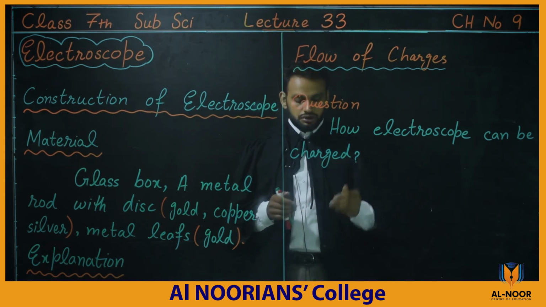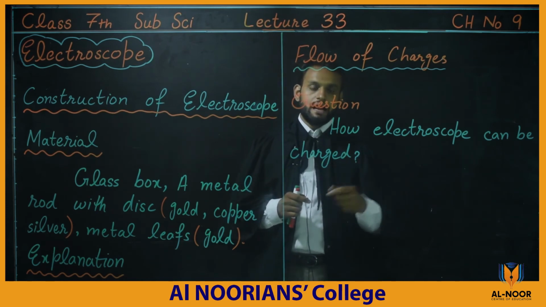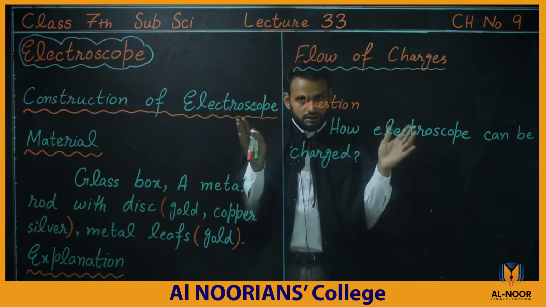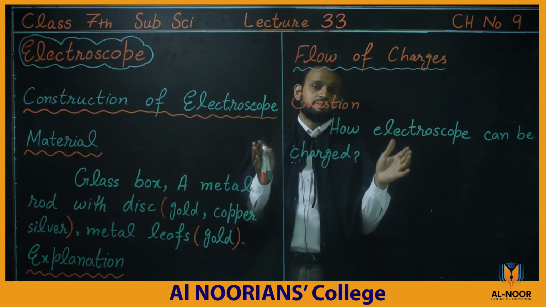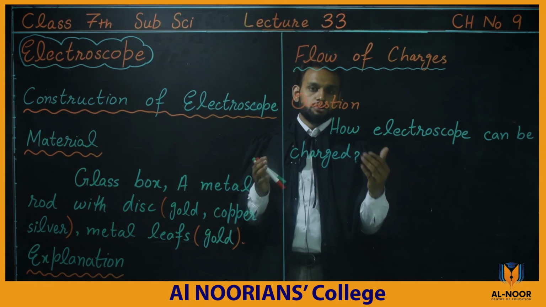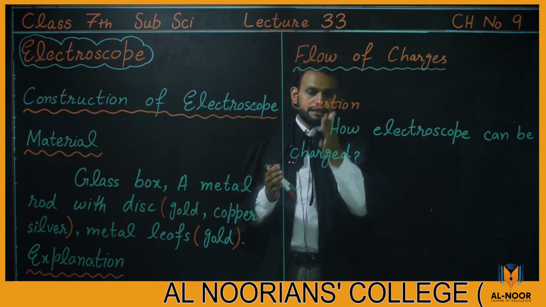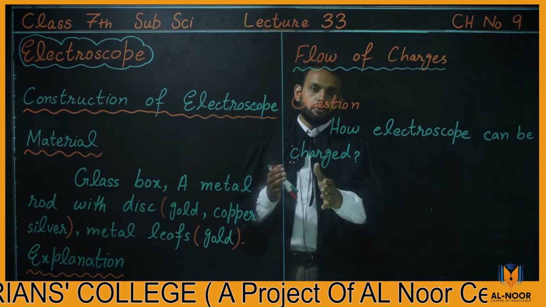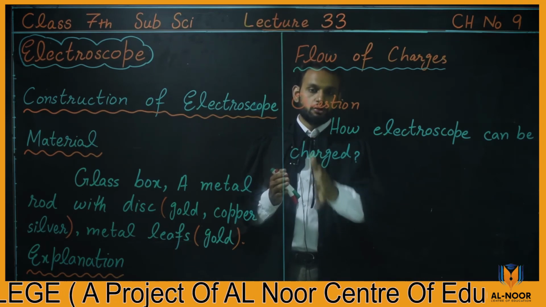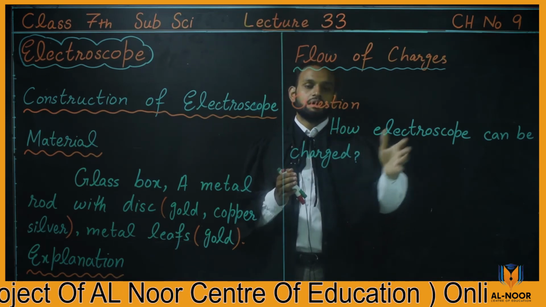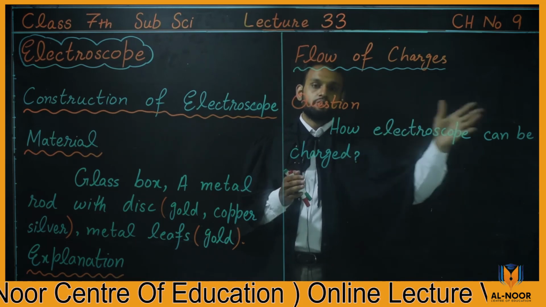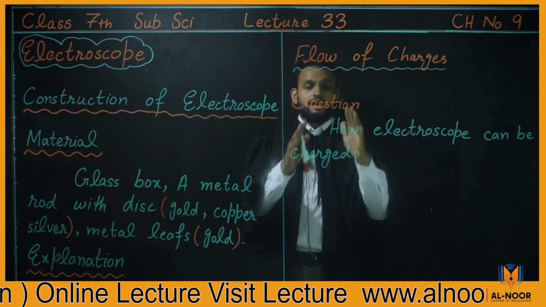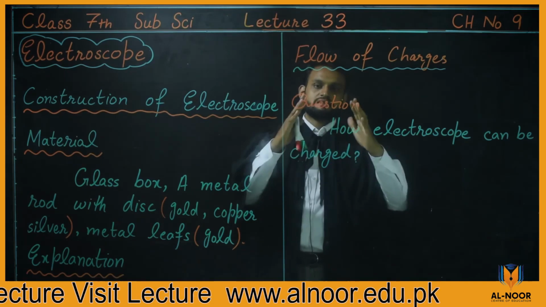Then use a cork and pass a wire through the cork, and both electroscopes are attached with a copper wire. You should see that charge from the charged electroscope moves towards the uncharged electroscope, and the leaves of the uncharged electroscope will separate.